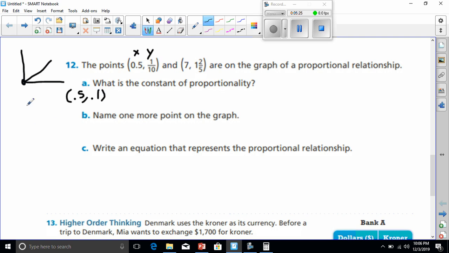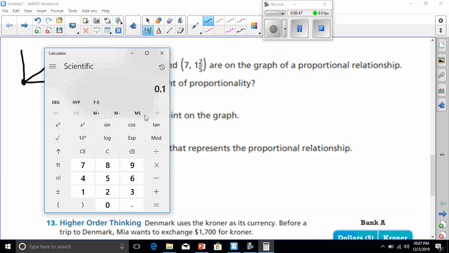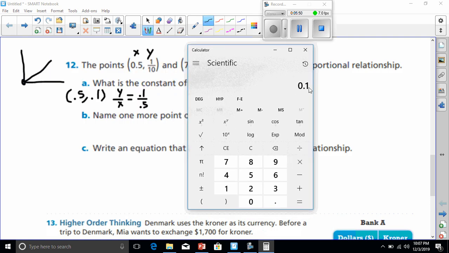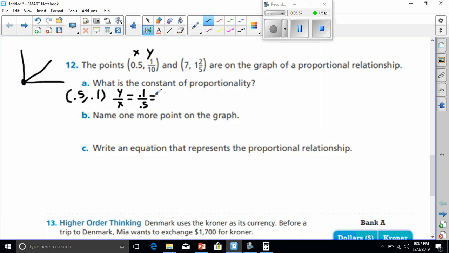Since we put y over x, that means we have 0.1 over 0.5. And so what will our constant of proportionality be? Well, once again, using our calculator, if we take 0.1 and we divide it by 0.5, we get 0.2. So our constant of proportionality is 0.2.